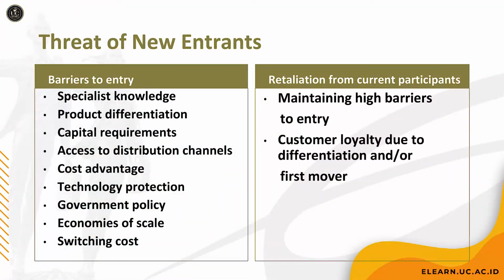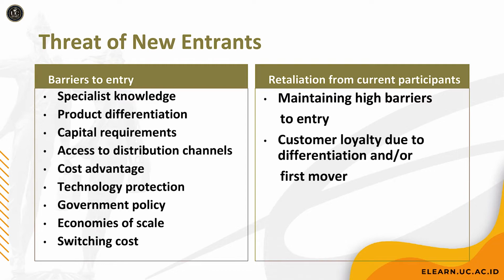For barriers to entry, you need to consider specialist knowledge, product differentiation, capital requirements, access to distribution channels, cost advantage, technology protection, government policy, economies of scale, and switching costs. Whereas for retaliation from current participants, what needs to be considered is maintaining a high barrier to entry and customer loyalty as well, so that customers will still buy from the existing company rather than switching to a newer one.